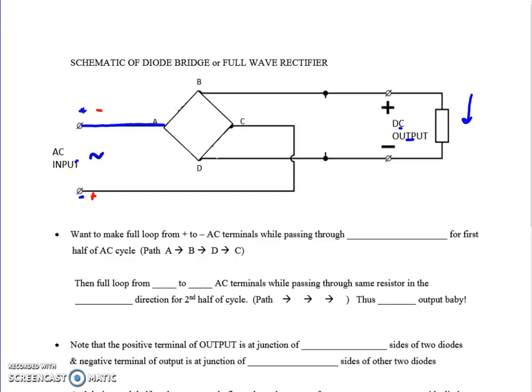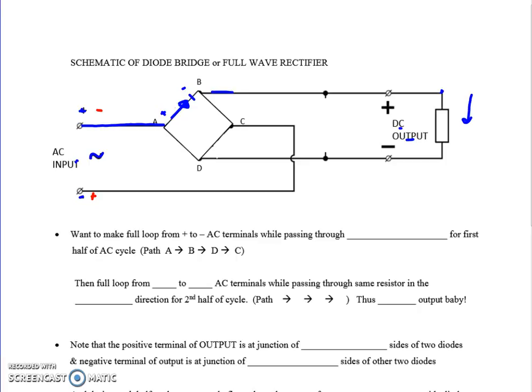I want to go to the load right here, so it makes sense I'd go from A to B. To make sure the current can only go from A to B, because remember, the current's going to be constantly changing direction with the AC input, I'm going to put my first diode right there. This is my diode symbol indicating that this is the positive side, this is the negative side, and so we're going to go from A to B.